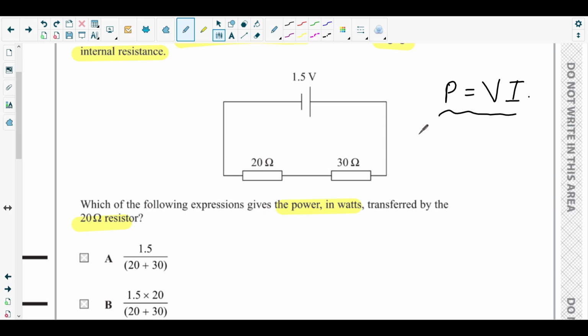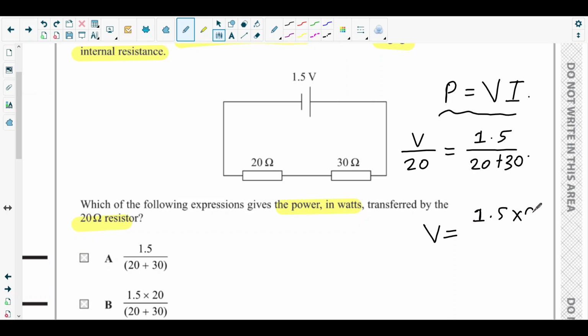So the PD across the 20 ohm resistor, let's say this is V. So V over 20, its resistance, equals the total EMF, the total PD, which is 1.5, over 20 plus 30, the total resistance. So we got V equals the PD across the 20 ohm resistor, which is 1.5 times 20 over 20 plus 30.